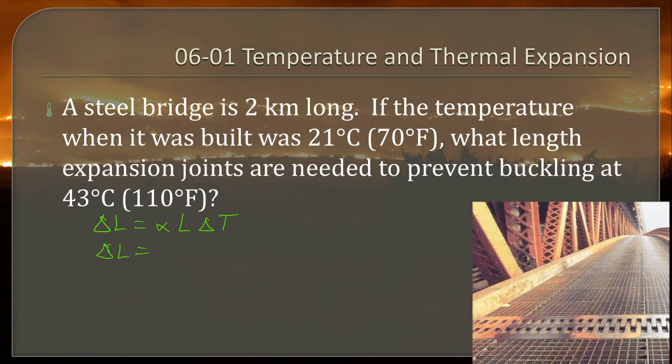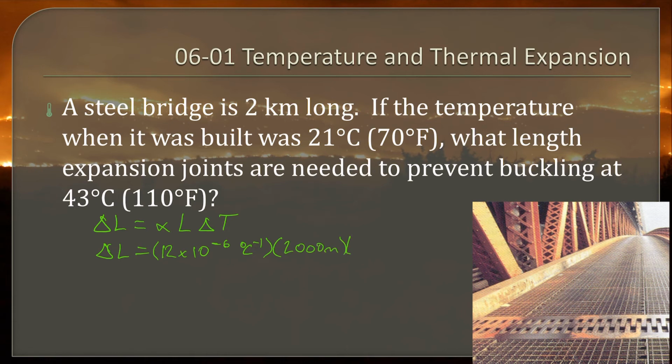Well, if you look in your book or your notes, you should see that steel has an expansion coefficient of 12 times 10 to the negative 6 degrees Celsius to the negative 1. Our original length was 2 kilometers, so that would be 2,000 meters.